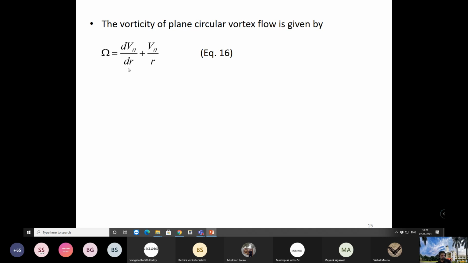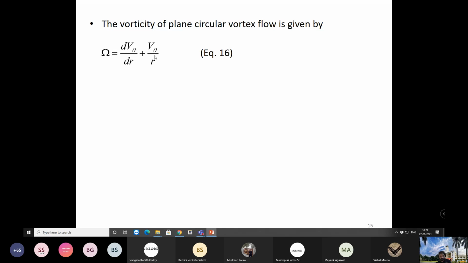Remember, learn this, that this is the vorticity in the polar coordinates. So vorticity is dV theta by dr plus V theta by r, and if you substitute V theta is equal to C by r, you put C by r here. So what is going to be? Minus C by r square plus C by r square.